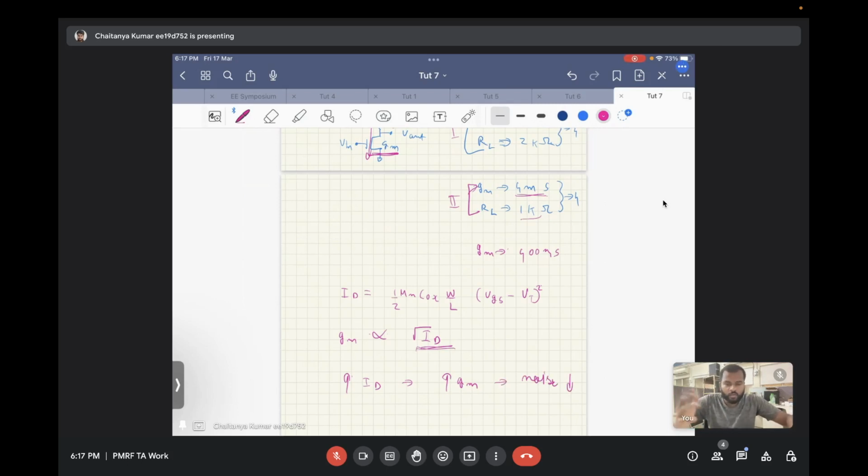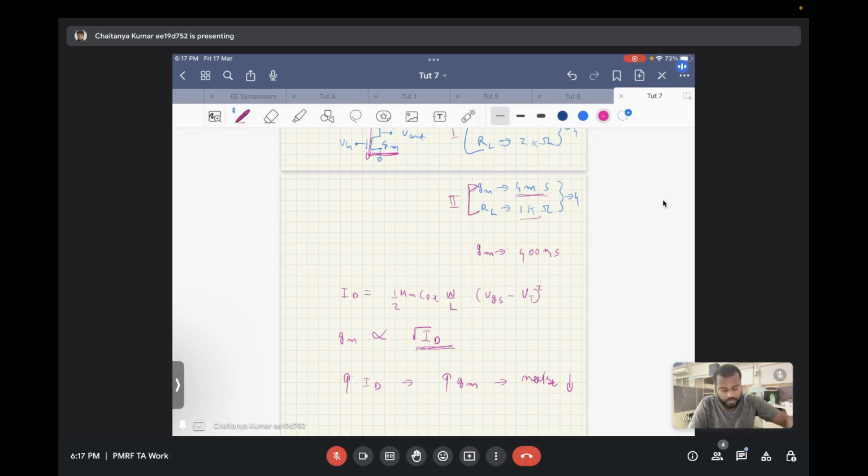So we are burning more power in order to get lower noise from the circuit. Understood? So there should be a sweet spot where we are not consuming too much power, or generating too much noise.